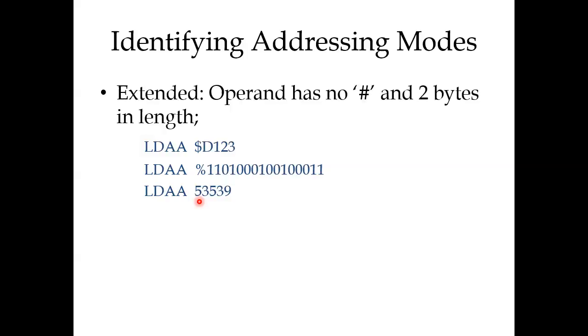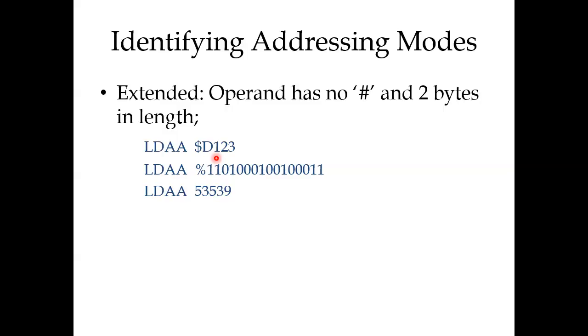Okay. Next mode, extended. Extended, again, has no pound sign, but the operand is 2 bytes. Look at all the operands this time. Look at the hex. For sure, this is 2 bytes, right? D123: this is 4 digits of hex. This means 16 digits of binary, because remember, 1 hex digit means 4 digits of binary.